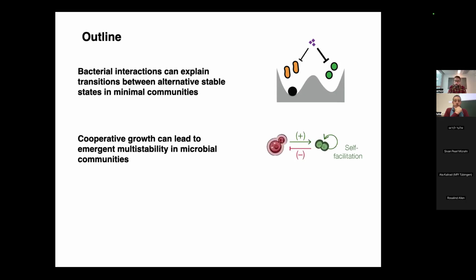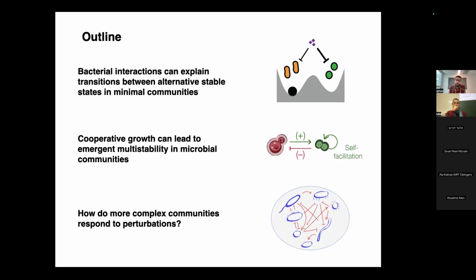For more complex communities, what we saw is that cooperative growth can lead to emergent alternative stable states. And here's what I wanted to present today about past work. And very briefly, I'm going to mention in which directions we are going. So basically, what we are now interested in is to understand how more complex communities respond to perturbations.